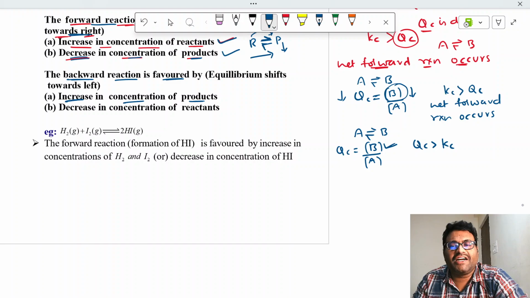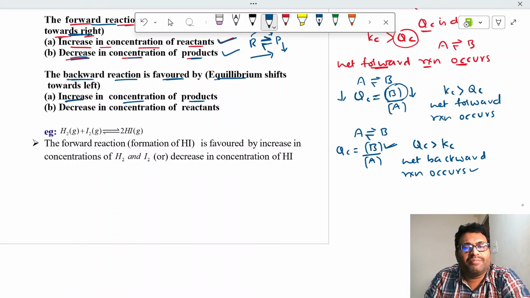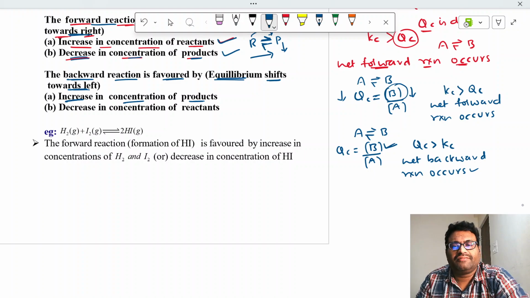If Qc is greater than Kc, it again tries to attain equilibrium. What will be the net rate of the reaction? Net backward reaction. If net backward reaction occurs, we say that equilibrium is shifting to left.